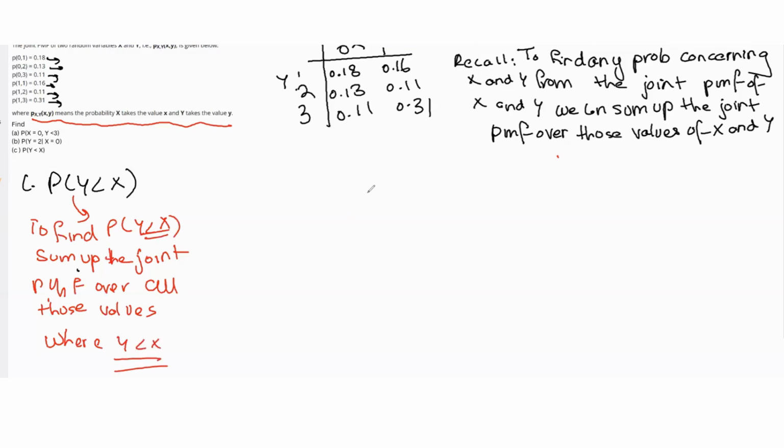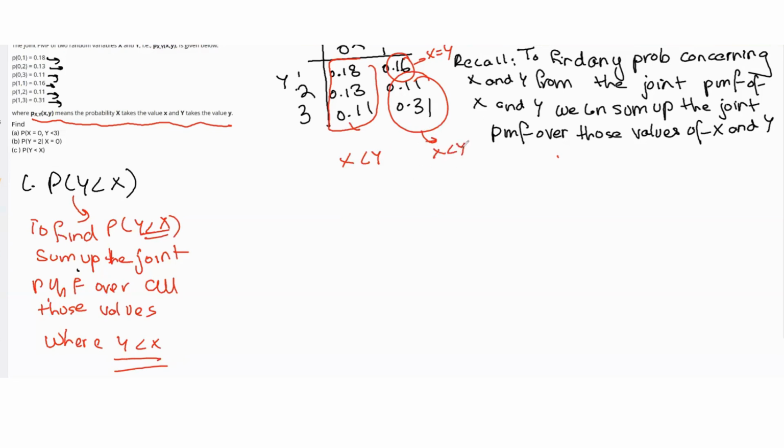Now what you will notice is that there's no such value in the joint PMF where y is less than x, because when y is 1, x is 0. So x is less than y. Wherever x is 0, x is less than y. And here, x and y are equal, but y is not less than x. And here, y is greater than x, right? So in these three, x is less than y; here, x is equal to y; and here also, x is less than y, right?